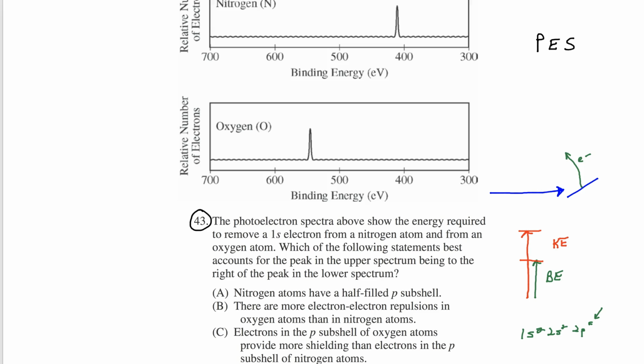So if I've got core electrons, my binding energy is going to be much higher if I remove them, which means the energy left over is going to be small, which means electrons that come off this are going to move much slower than the electrons I pull from valence electrons that have a lower binding energy. They're going to have a much higher remaining kinetic energy, and these guys will move much faster.